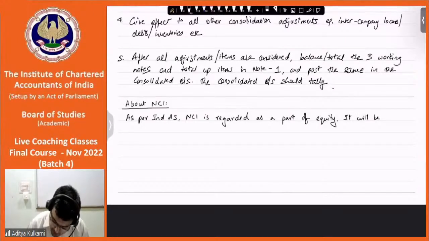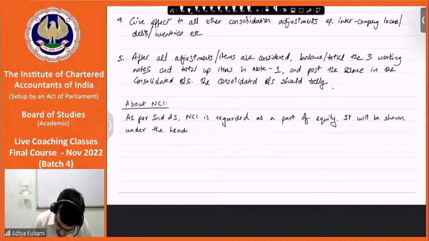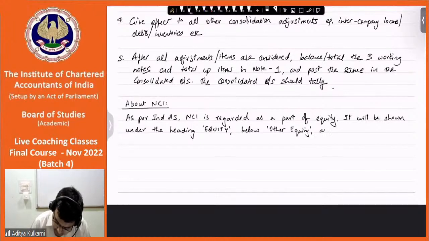It will be shown under the heading equity, below other equity, as a line item.